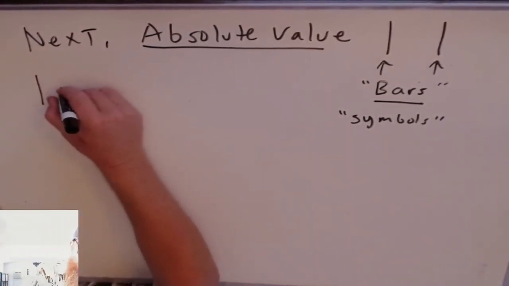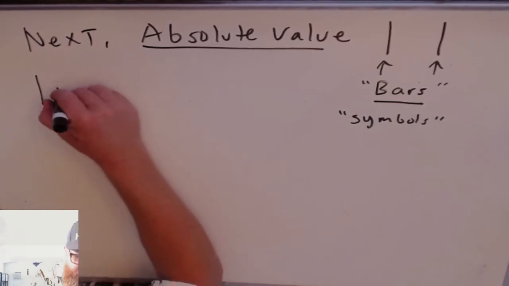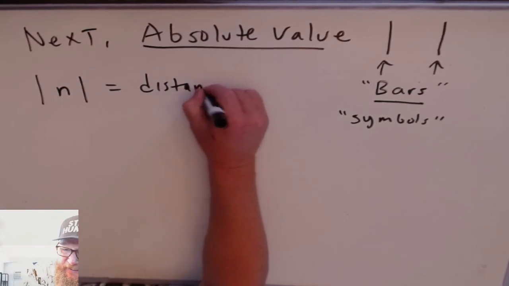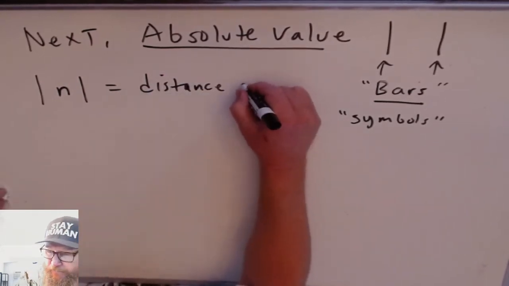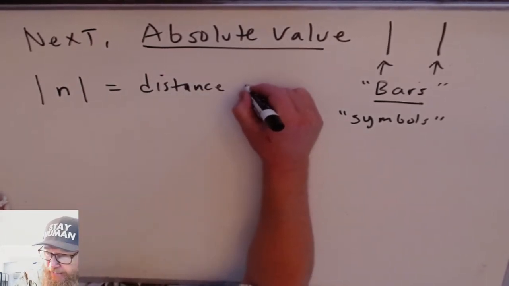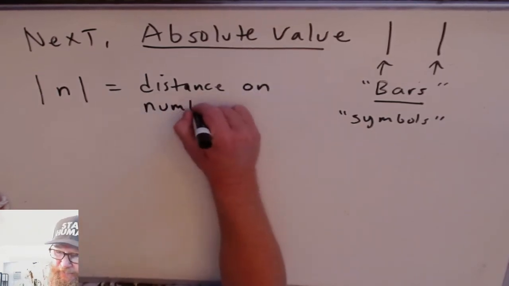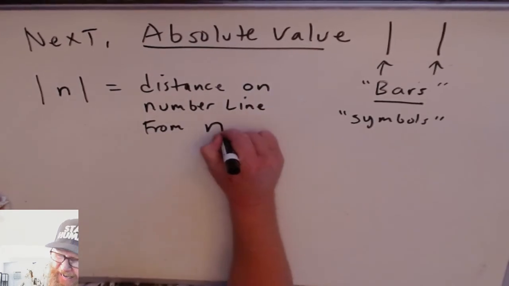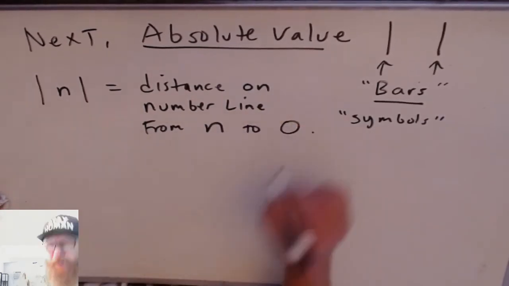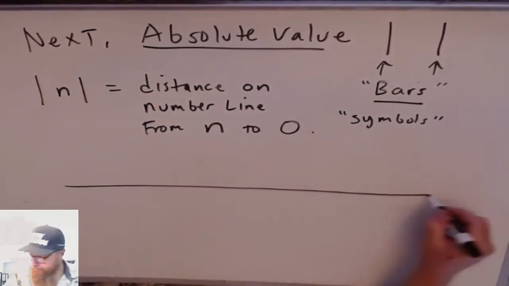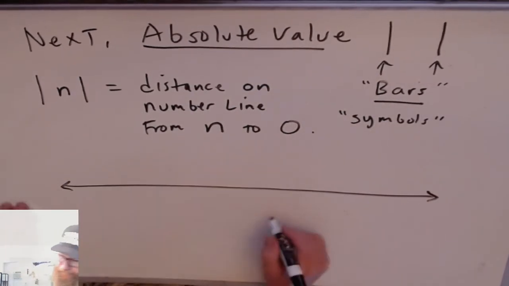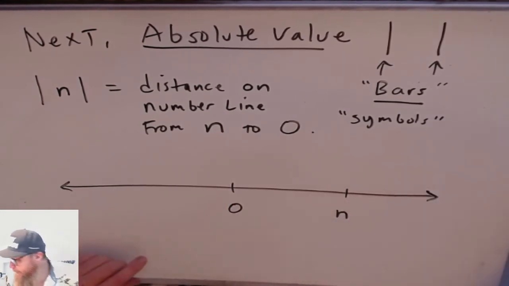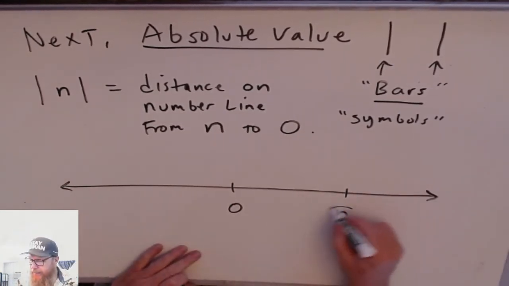So the absolute value of n is equal to the distance on the number line from n to 0. All right, so here's n.